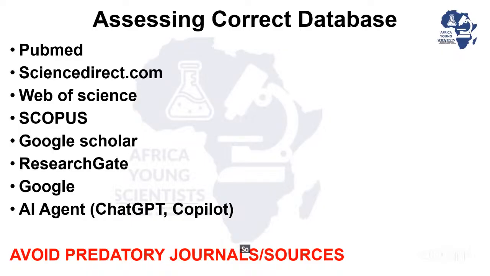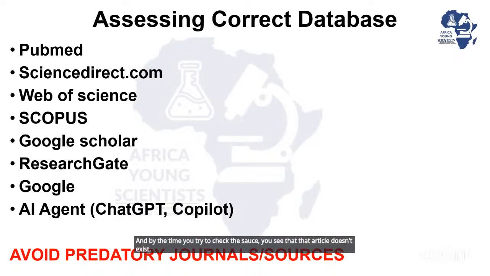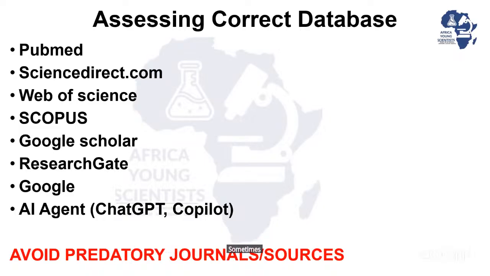They'll give you a return and tell you the source. And by the time you try to check the source, you see that the article doesn't exist. Sometimes they will use a fake author's name, and you find out that the article doesn't exist.